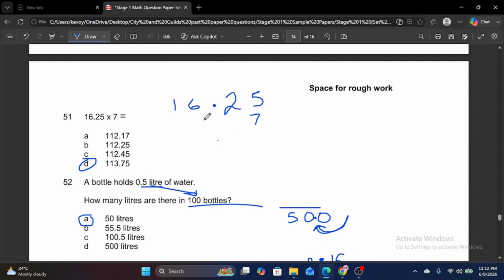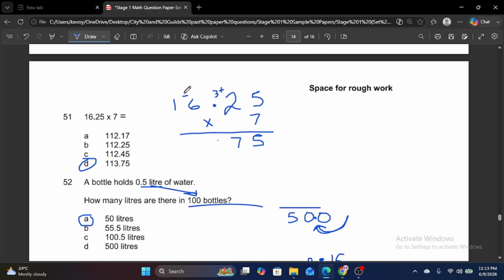Multiply by 7. So 7 times 5, that's going to be 35. Seven times 2 is going to be equal to 14. And you add the 3 to that 14. So 7 times 2 is 14 plus 3. That's going to be equal to 17.